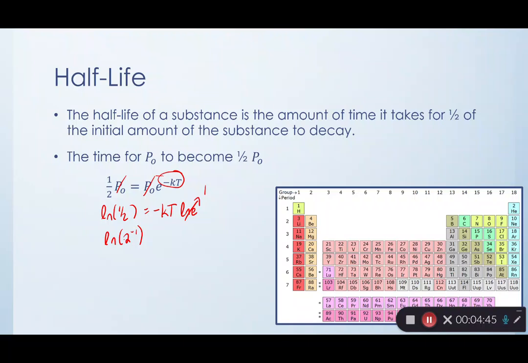Which is then negative ln of 2. And then we can solve for t by dividing both sides by negative k. So the negatives cancel, and we get exactly the same formula that we did for doubling time, right? ln2 over k. There we are.